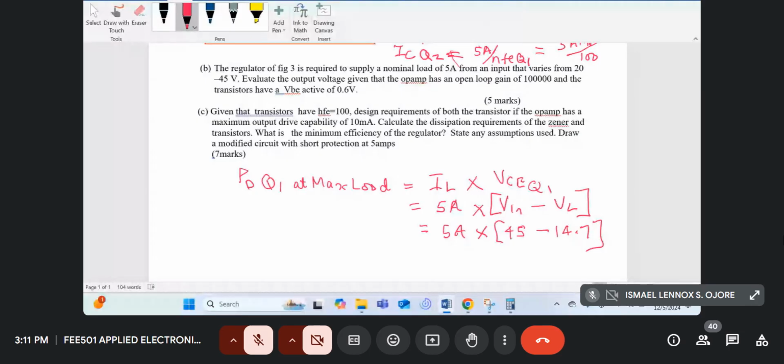Let me try my calculator again. 45 minus 14.7, 30.3. 30.3 volts and 5 amps.